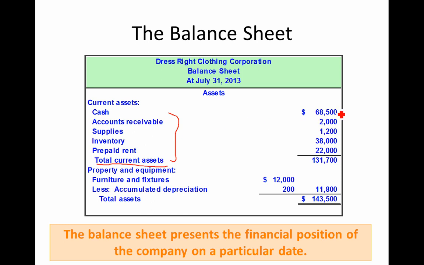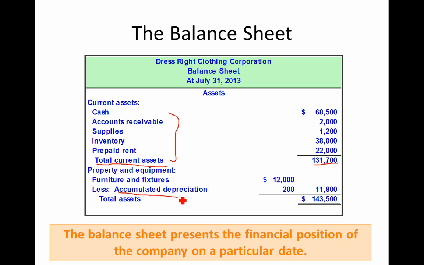We list the accounts here in the order of their liquidity. Obviously, cash is the most liquid, that is readily convertible to cash. And then accounts receivable, short-term extensions of credit, inventory, supplies, etc. We report the current assets as a total, and then we will list out our operating assets.